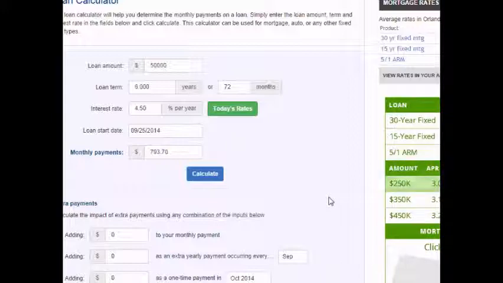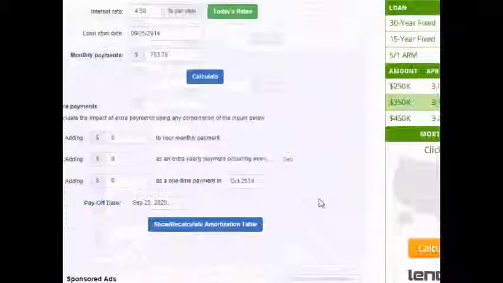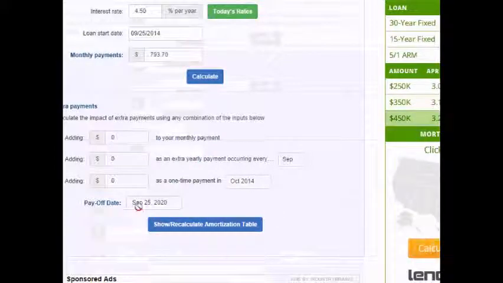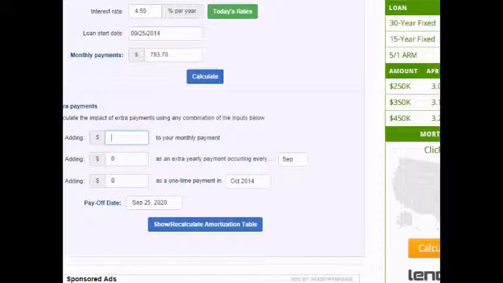Now, if you took it out today, you'd pay it off on September 25th, 2020. You could add money to our monthly payment. We could make that, instead of being $793.70, let's just make it $800, right?